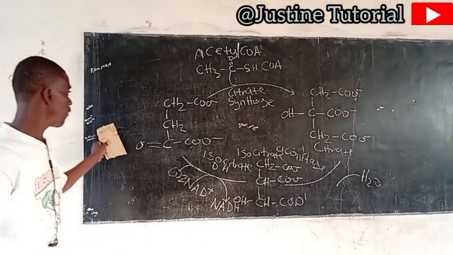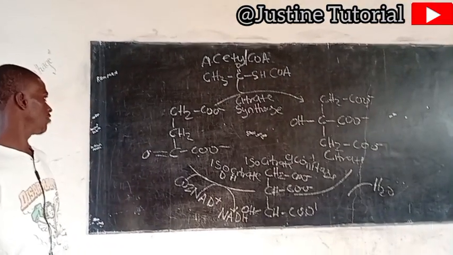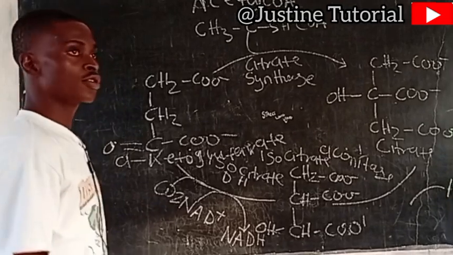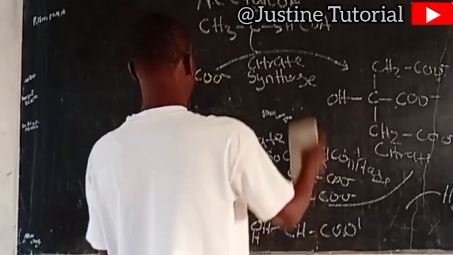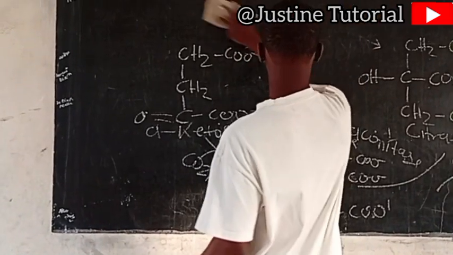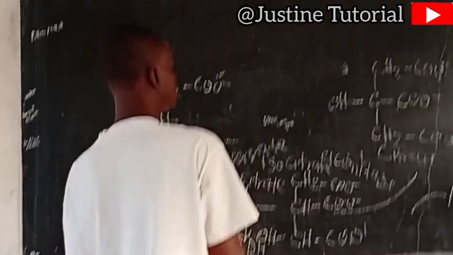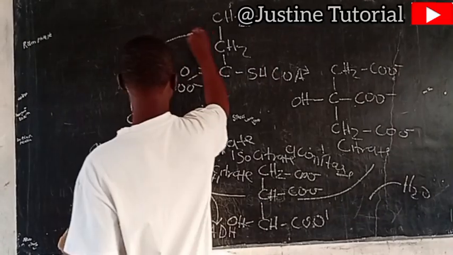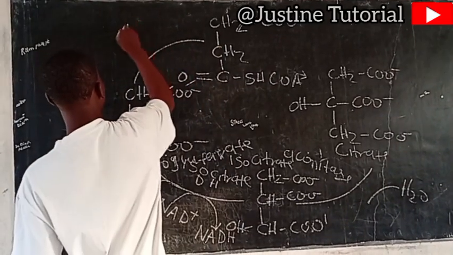This is the structure of your alpha ketoglutarate. Alpha ketoglutarate will be converted to succinyl-CoA, and the enzyme that will catalyze that is alpha ketoglutarate dehydrogenase.